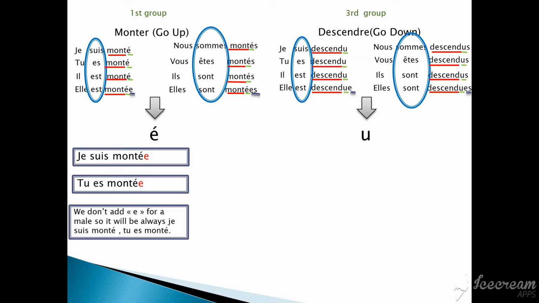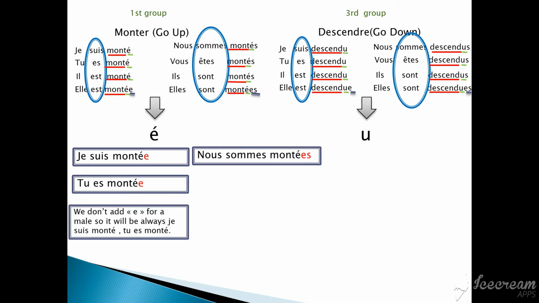But what about a group of females if they were talking about themselves? As it is obvious, a group of females is plural. So, if a group of females were talking about themselves, they would say nous sommes montées, and it would have been written like this: nous sommes montées.